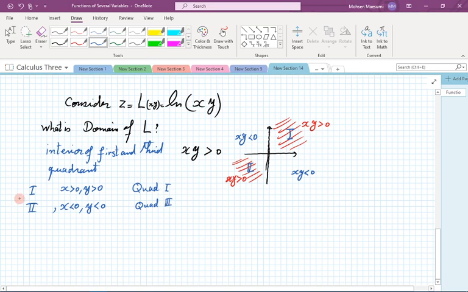You can call them region 1, region 2, however you want. Either way is fine. Let's call them quadrant 1 and quadrant 3 so that we don't create a different order and some confusion for students.